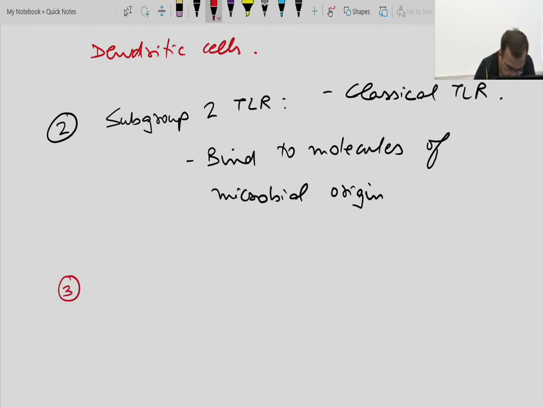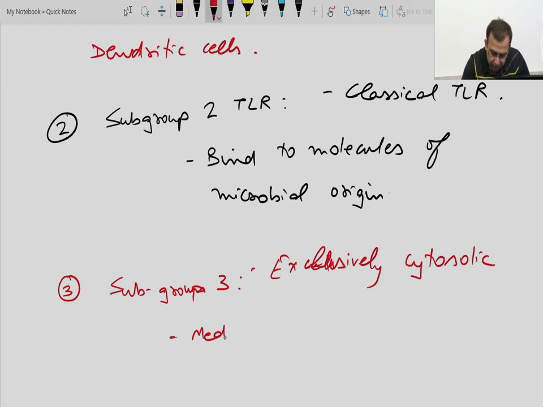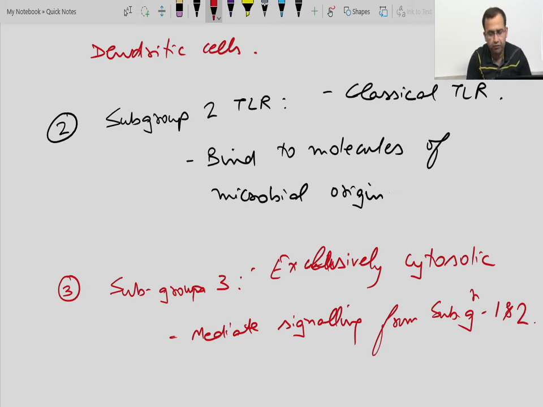Versus subgroup 3, they are exclusively cytosolic in nature, that is, present in the cytoplasm, and they mediate signaling from proteins of subgroups 1 and 2.